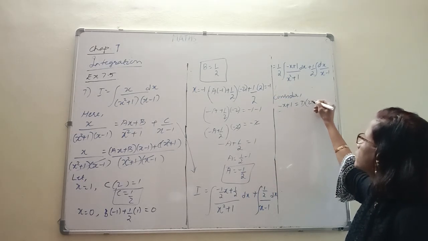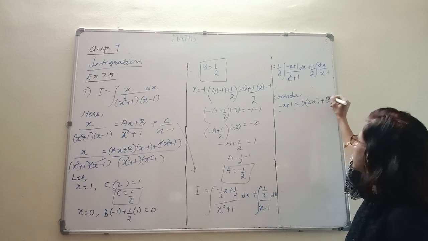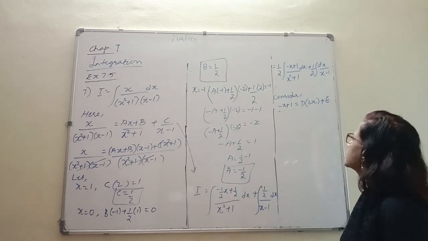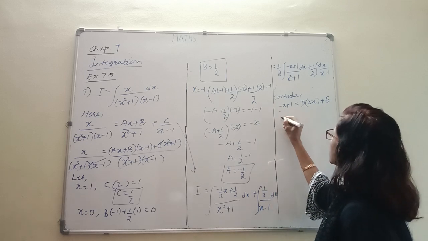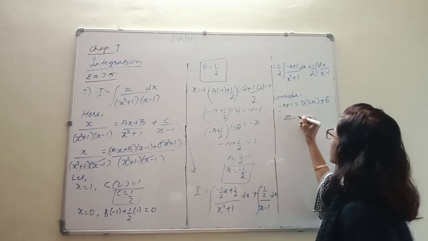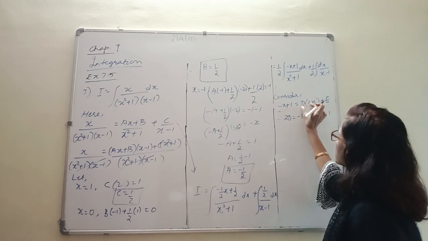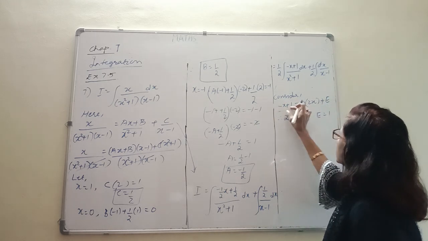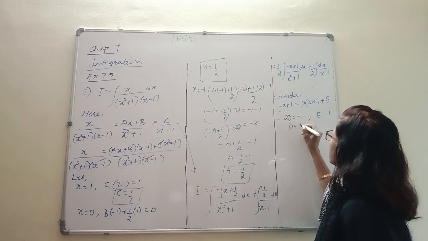The derivative of the denominator is 2x plus e. So if that is the case, when we correspond it, we'll come to know that 2d is negative 1 and e is 1, isn't it? When we correspond, 2d is negative 1 and e is 1. So d is negative half.